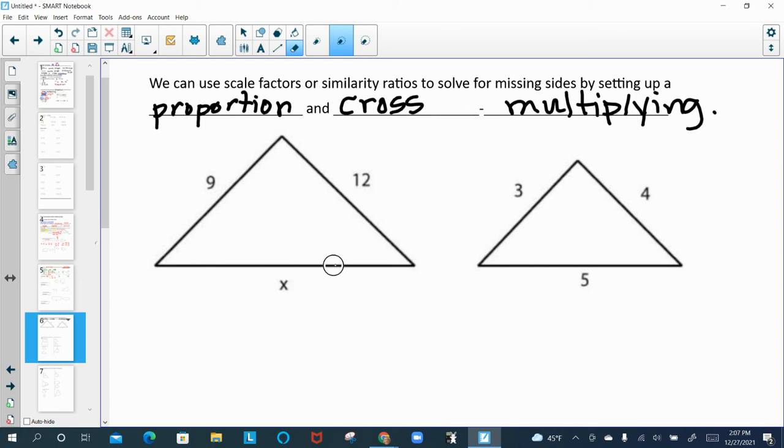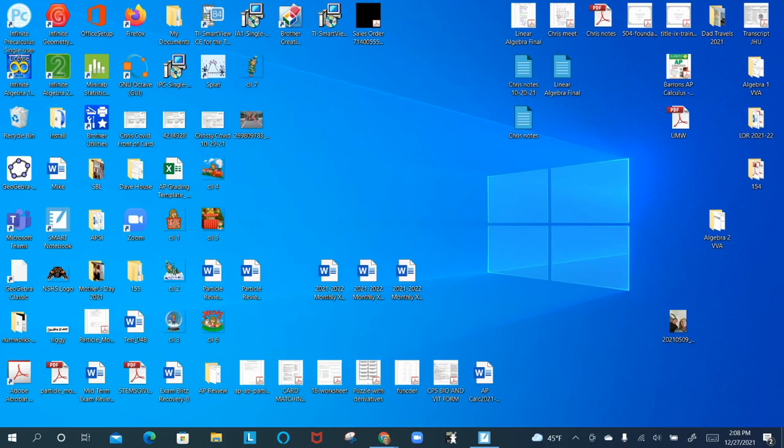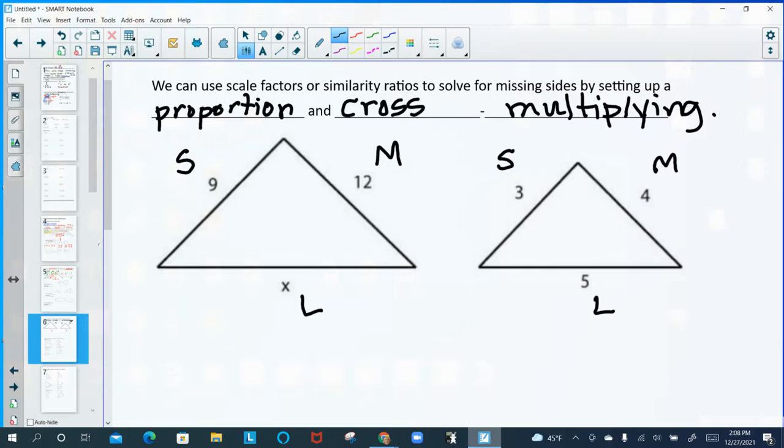And then the X is going to be the large side, just like the 5 is the large side. So I could come back in here with my small and my medium and my large and my small and my medium and my large.